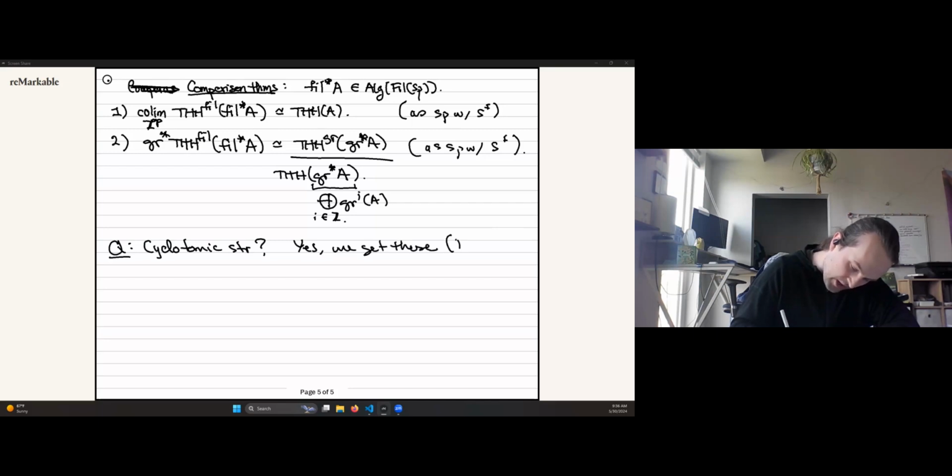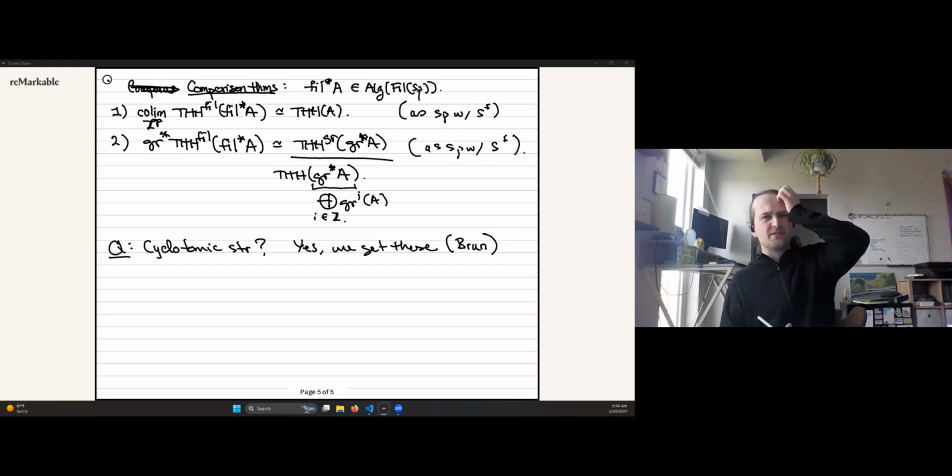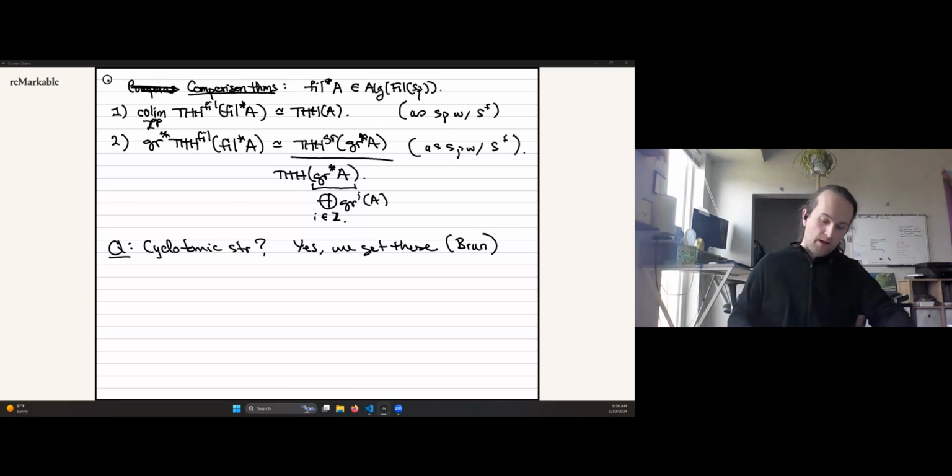And this is an observation originally due to Morten Brun back in, I think, the early 2000s. So you have to be a little bit careful about what you mean, though. Maybe I will describe the situation just for filtered THH, and then you can work out what the analog will be for graded THH, just to save a little bit of time.